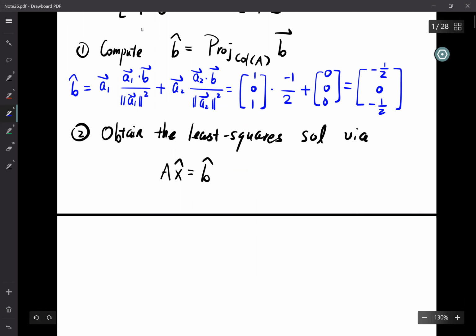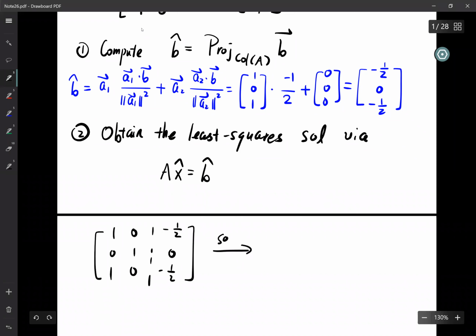Okay, now we have identified this vector B hat. Now let's solve Ax equals B hat. So this is the right-hand side (-1/2, 0, -1/2), and we can directly obtain a solution.